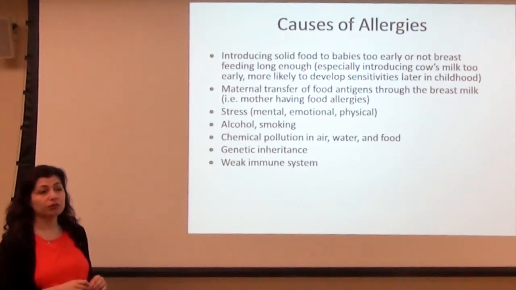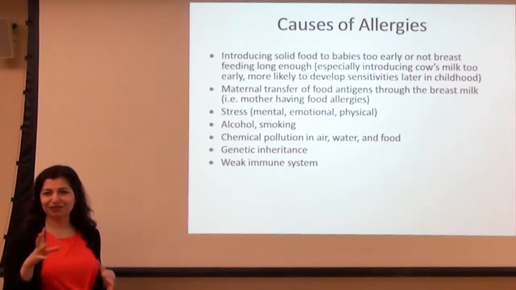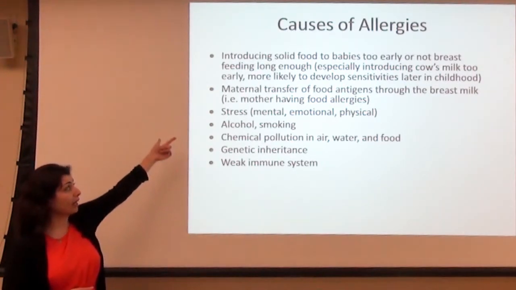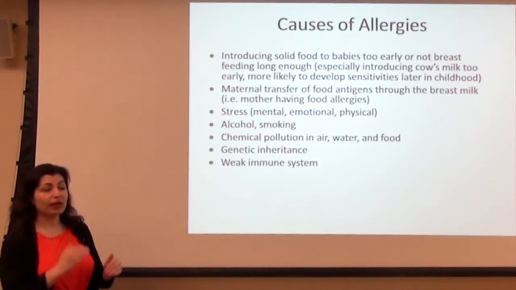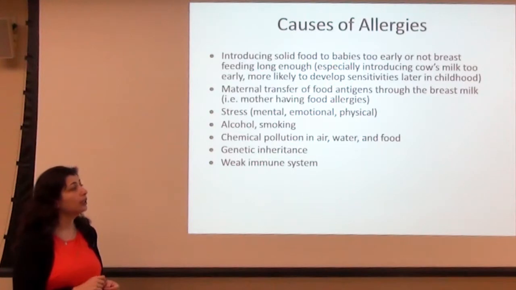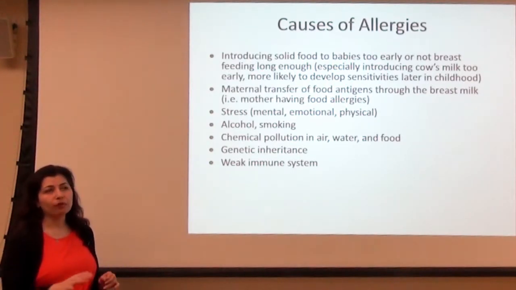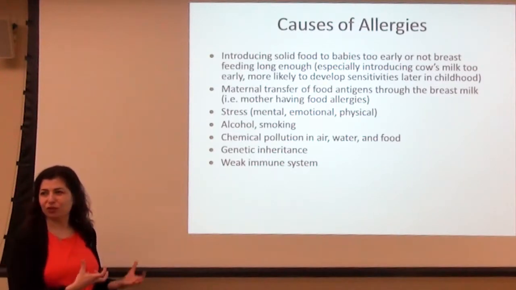Stress, mental, emotional, physical stress. Some people can tolerate certain foods until they're under stress. They're traveling, their lifestyle changes, and they become reactive to food. So that's part of that bucket. Alcohol and smoking, so it's like all these factors overflowing the bucket. Chemical pollution, air, water, and food. That's actually a big one. I think our environment is a little more conducive to getting allergies.